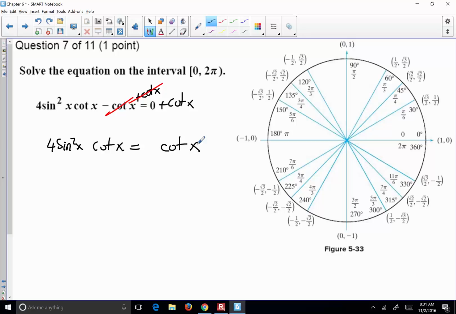So then the 4 sine squared x has to equal 1. Why don't you divide cotangent x on both sides and get the same result? That's good. I think I just complicated it.